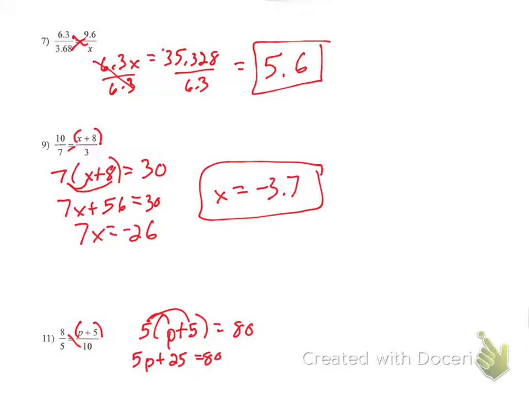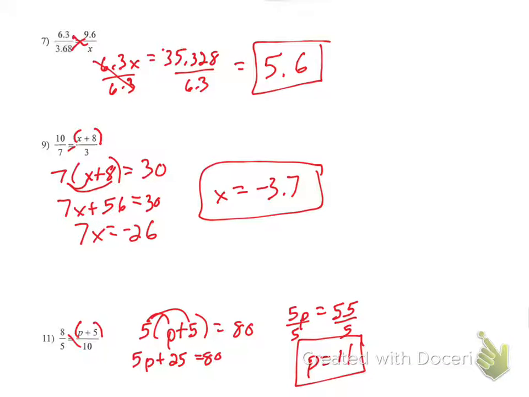A minus 25 on each side. So then I'll get 5p is equal to 80 minus 25. And that will be 55. Divide that by 5 on each side. And I'll get p is equal to 11.